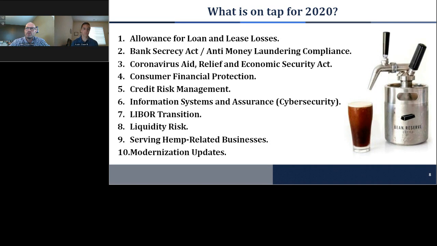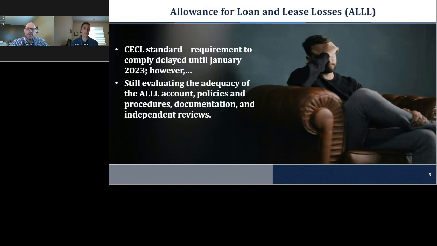Okay. So first and foremost is the allowance for loan and lease losses. And a couple of things here. Due to COVID-19 and the pandemic, the Financial Accounting Standards Board decided to delay the CECL requirement. And CECL has been out there in the media or in the public domain and discussions for quite some time.